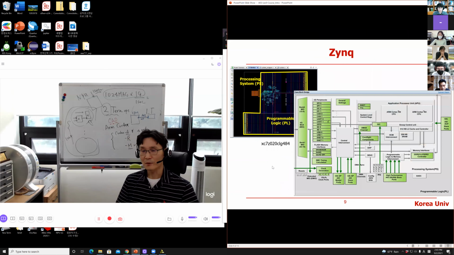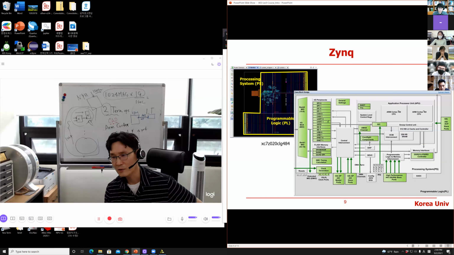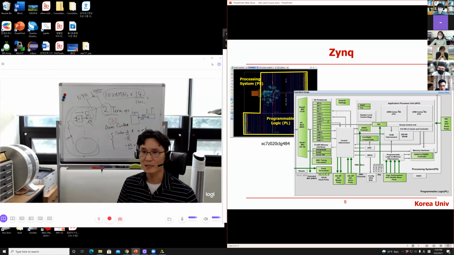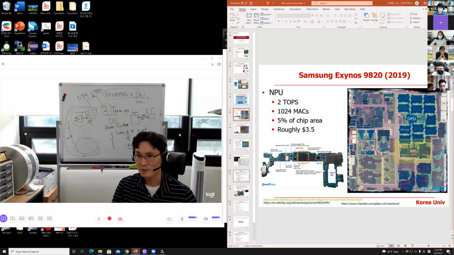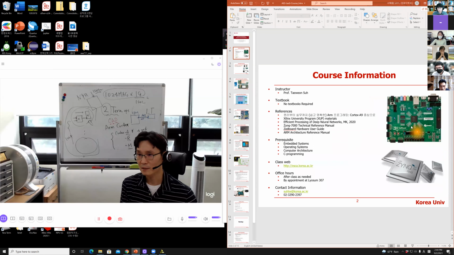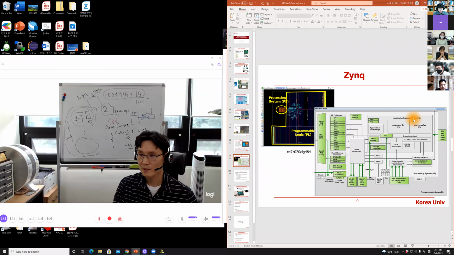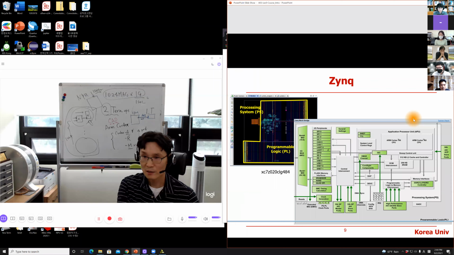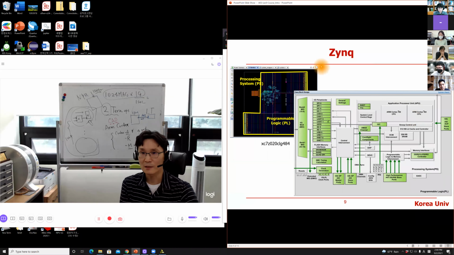This slide is a rough introduction of the Zynq 7000 device. This is the internal structure of Zynq 7000.